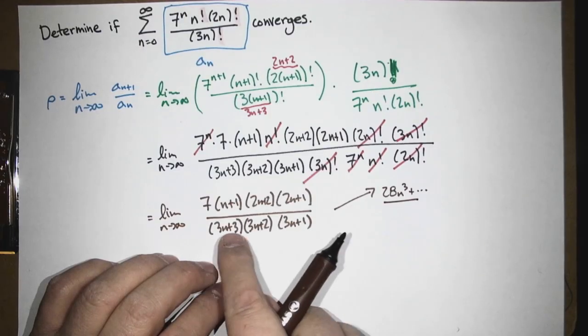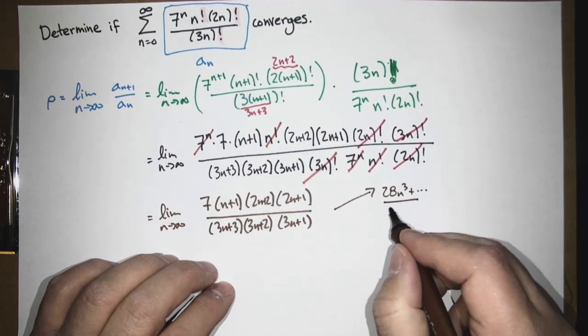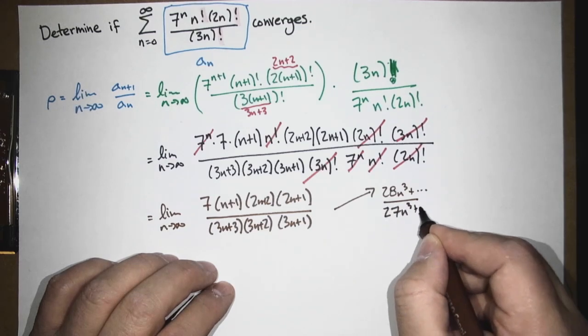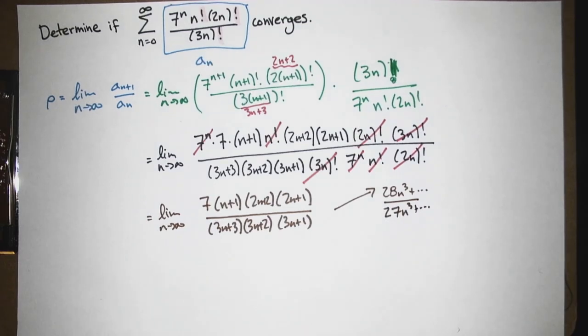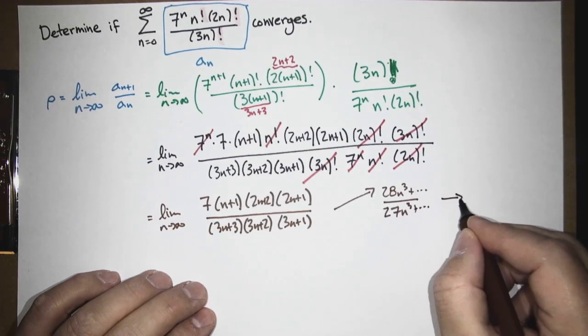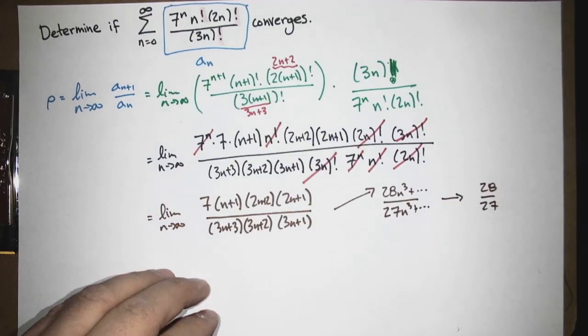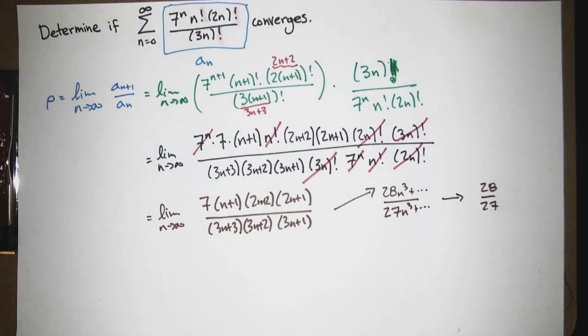Downstairs, 3n, 3n, 3n. 27n cubed plus other stuff, which is lower order. And then you say compare the highest order terms. What is this going to? 28 over 27. So that's one way to think about it.